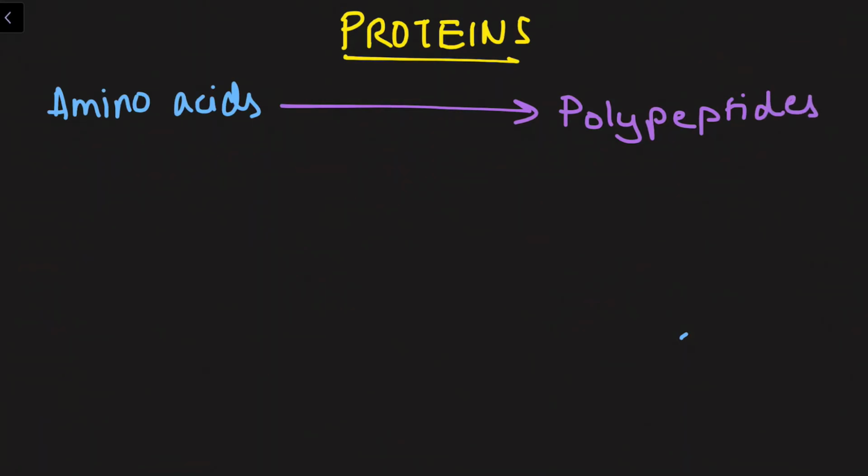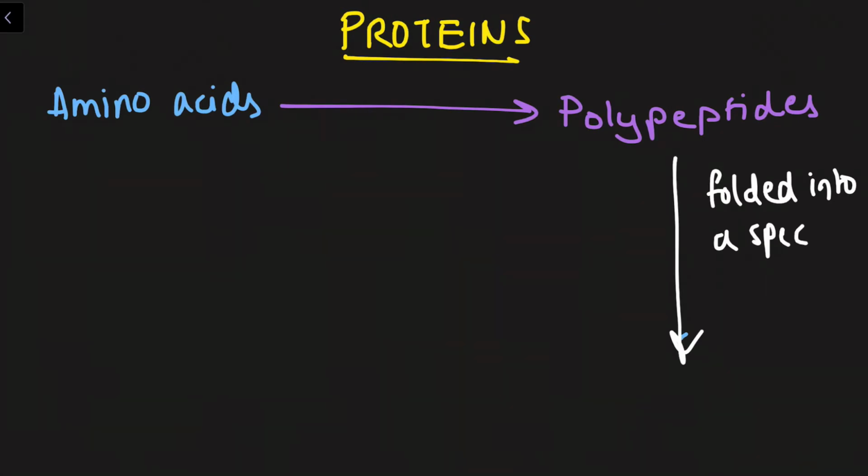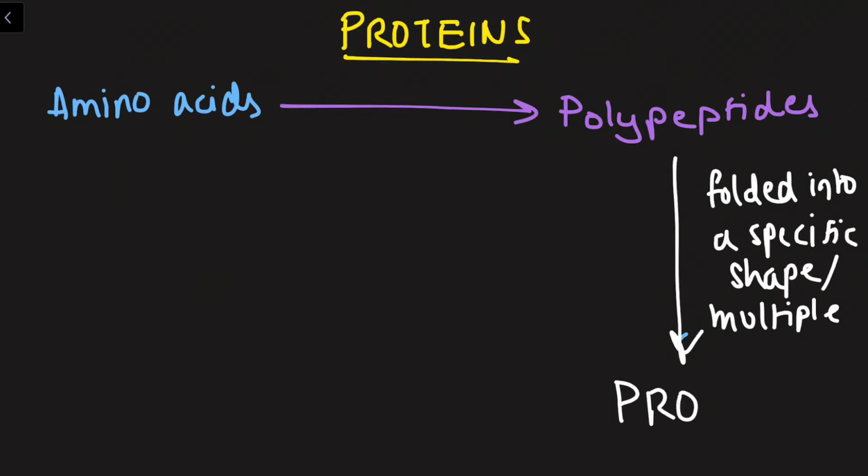When a polypeptide is properly folded to a specific structure, or even when there are multiple polypeptides bonded together, that forms a protein.